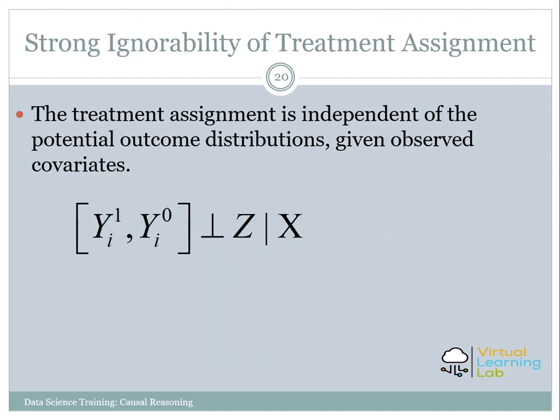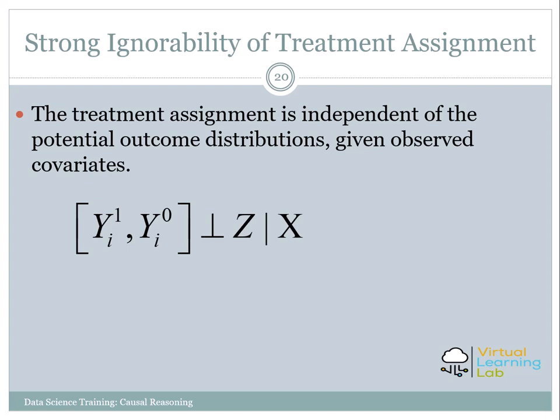So, strong ignorability of treatment assignment requires that the distribution of potential outcomes is independent of treatment assignment given covariates. And this is the same as saying that there is baseline equivalence between treatment and control group in all observed and unobserved covariates, so that there is no difference if you did not assign them.